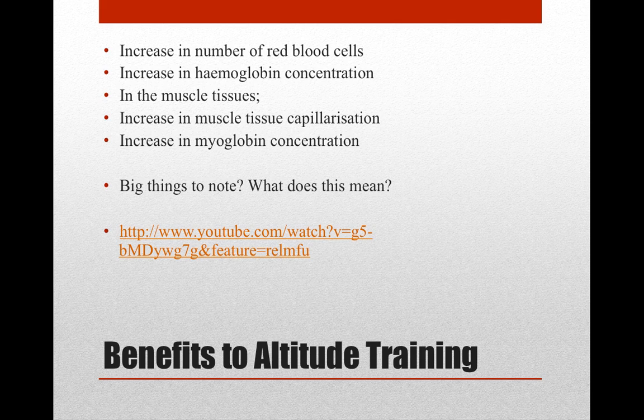Now if we then go from the top of the mountain where our body's made all this adjustment and now we come back to sea level, what's the advantage? We've got these extra blood cells, extra hemoglobin, extra myoglobin. We've got all that extra stuff. We now come back down to sea level where there's more oxygen in the air down here.